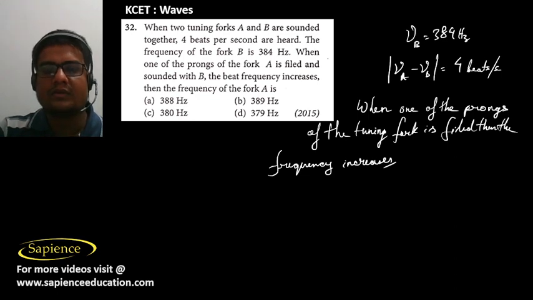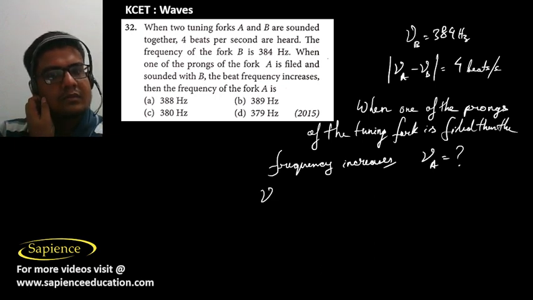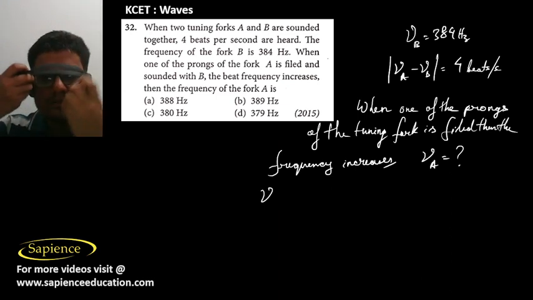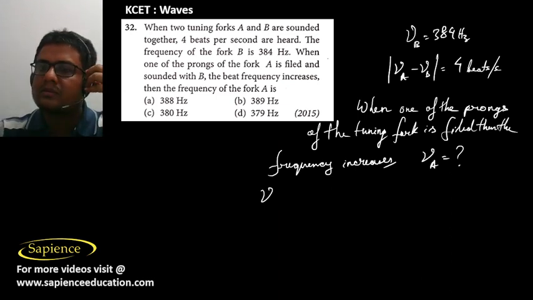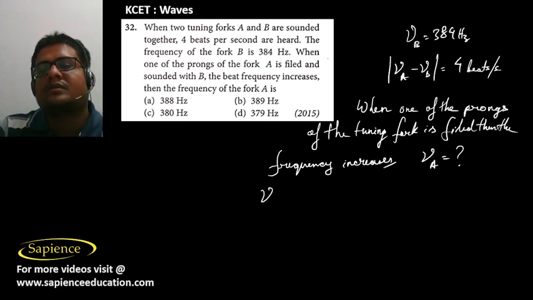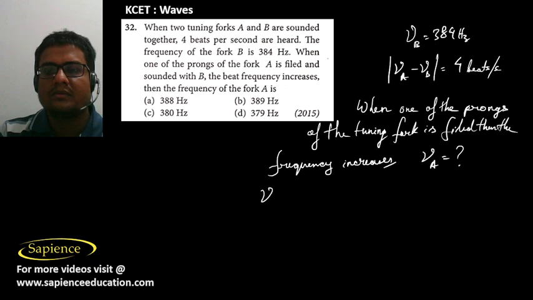We have to find the frequency of the fork A. It is told that when one of the prongs of A is filed and sounded with B, the beat frequency increases. So it means that nu A should obviously be more than nu B, since when nu A increases, then nu A minus nu B also increases.